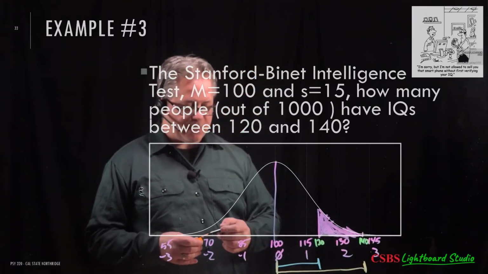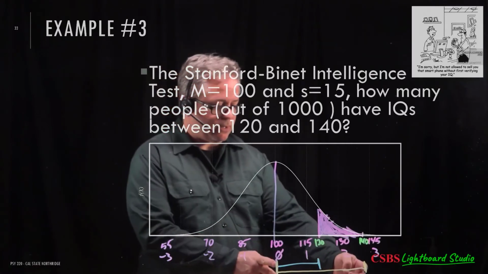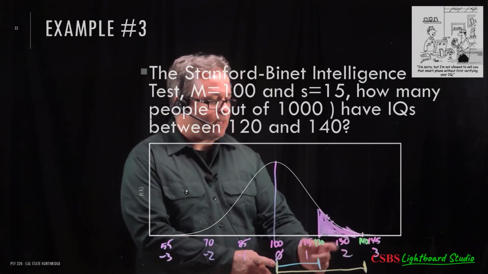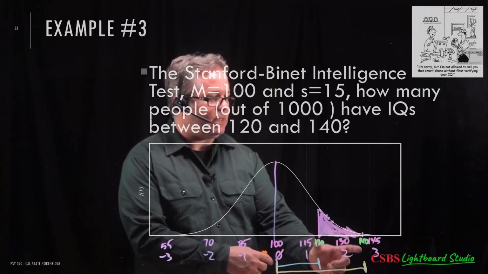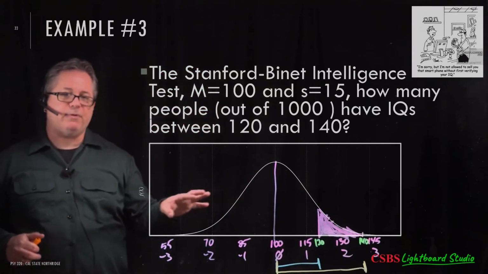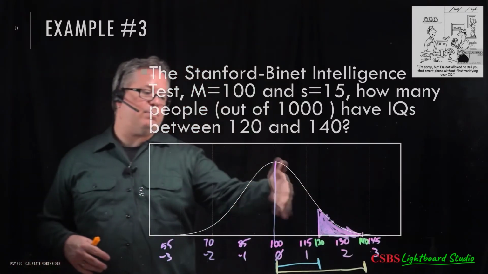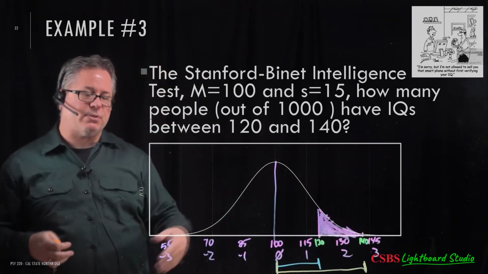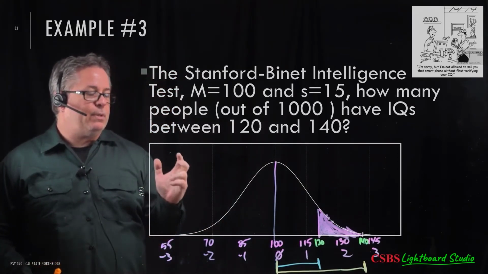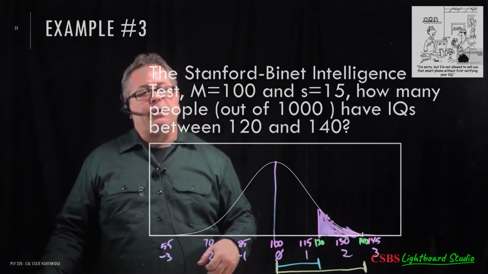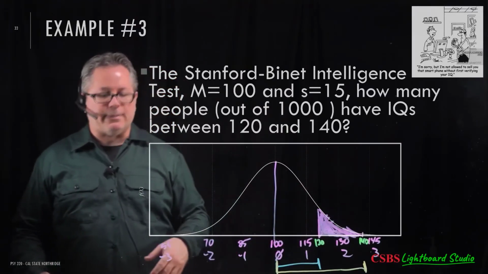Once I have those two areas, I take the larger area and subtract the smaller area, and what's left is the area between 120 and 140. Because they're on the same side of the mean, I can use the mean to z column. You can use any column actually, but I'll show you with the mean to z column. Subtract the areas, and what you're left with is the area between them.